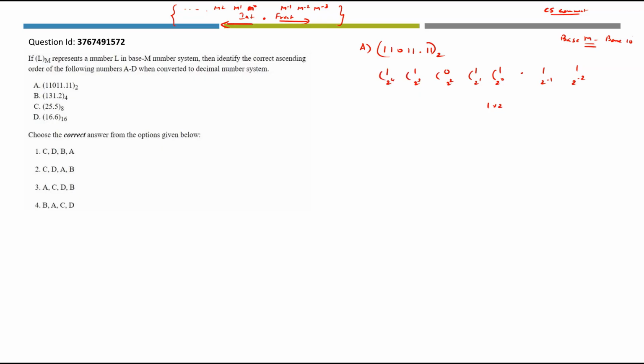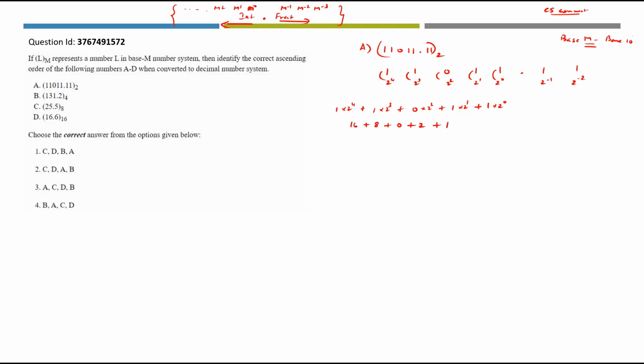So this will be 1 into 2 power 0 plus 1 into 2 power 1 plus 0 into 2 power 2 plus 1 into 2 power 3 plus 1 into 2 power 4. What is 1 into 2 power 4? It is 1 into 16, so it is 16. 1 into 2 power 3 is 8. 0 into 2 power 2 is 0 again. 1 into 2 power 1 is 2. 1 into 2 power 0 is 1 into 1, which is 1 again.